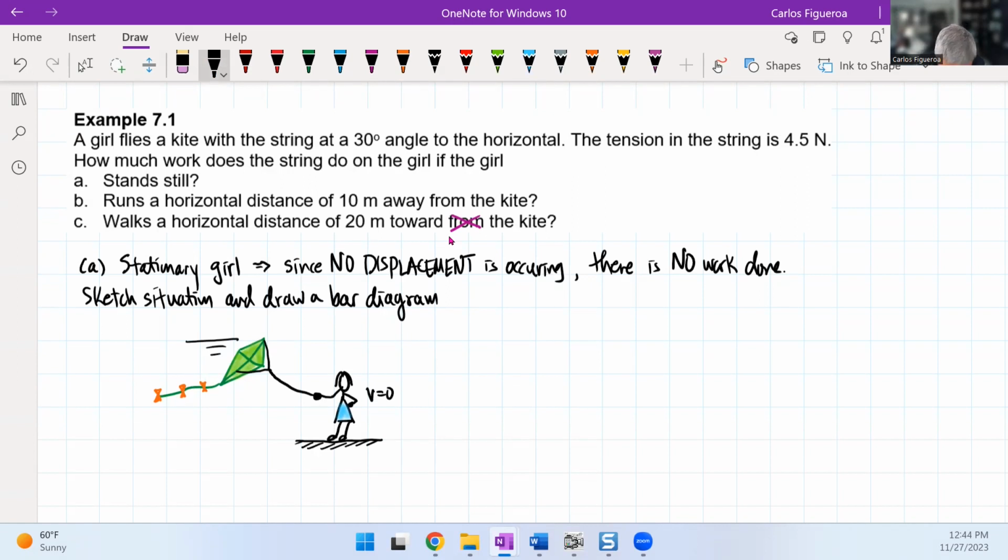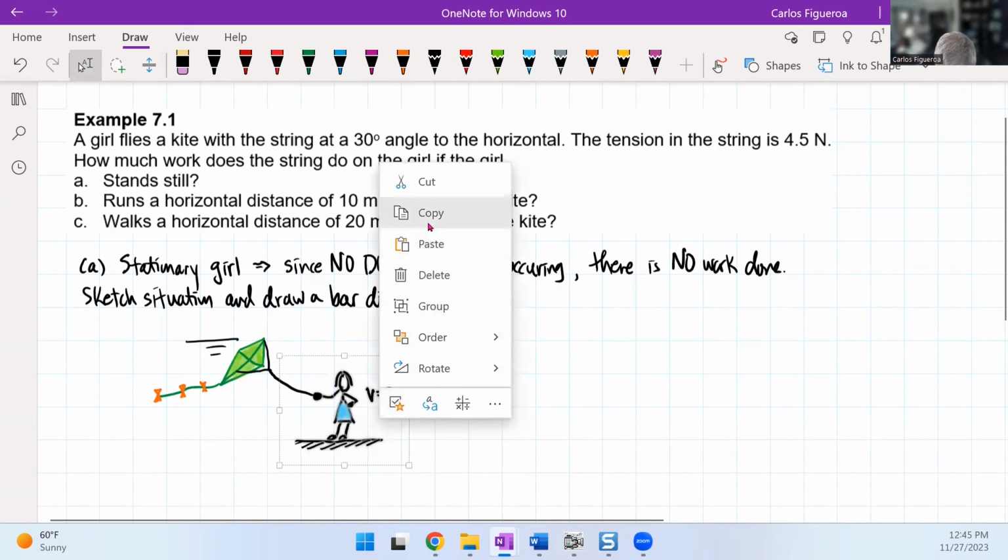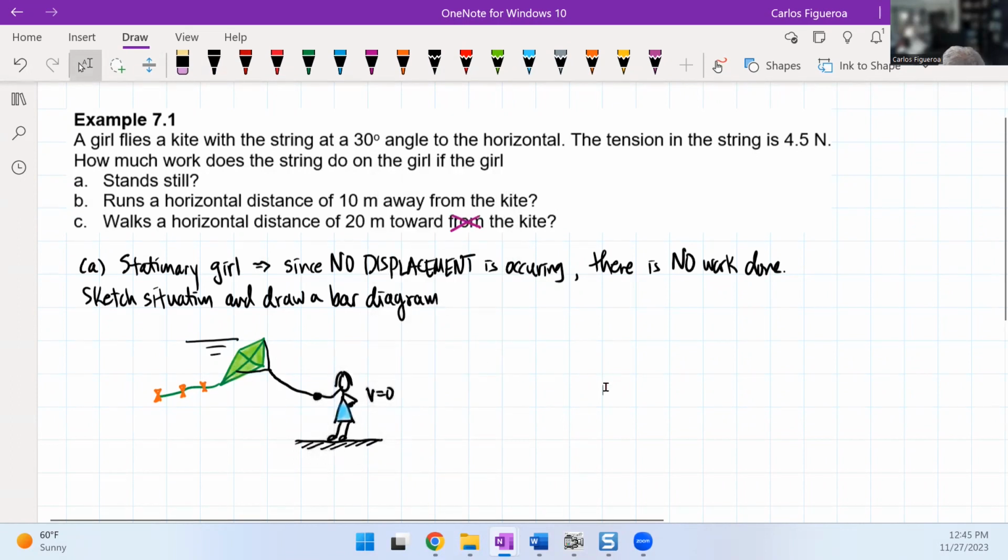So the first thing I've got to do when I draw this situation is imagine that I have the girl. Now I'm going to look at a free body diagram.